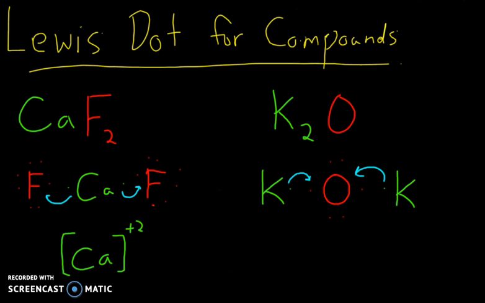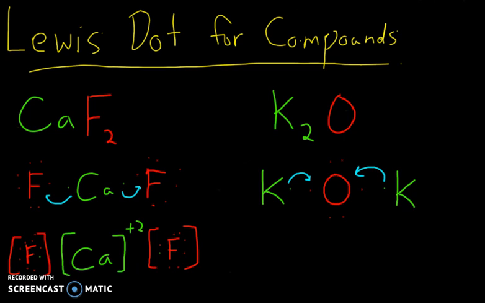And then we're going to go ahead and do the same thing with fluorine. Since it's gained electrons, it's not the same neutral fluorine. Remember, we got 2 of them. 1, 2, 3, 4, 5, 6, 7 around each of these. And then I'm going to draw this last electron in green to show you that those electrons were calcium's electrons, but now fluorine has them when it makes this ion.